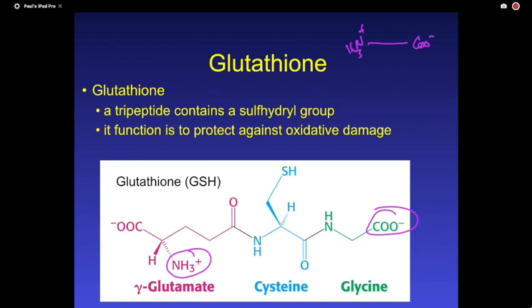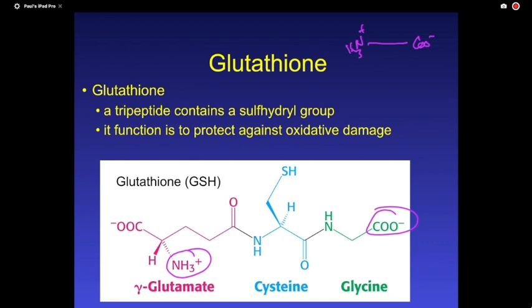Yeah, the first one, glutamate's backwards. It makes a peptide bond with the R group's acid. Normal peptides are made with the acid on the alpha carbon. And that's why it's the gamma glutamate. Okay? So it's a short peptide not made by the ribosome. This is not encoded in DNA. It is actually created by 3 separate enzymes to make this glutathione.